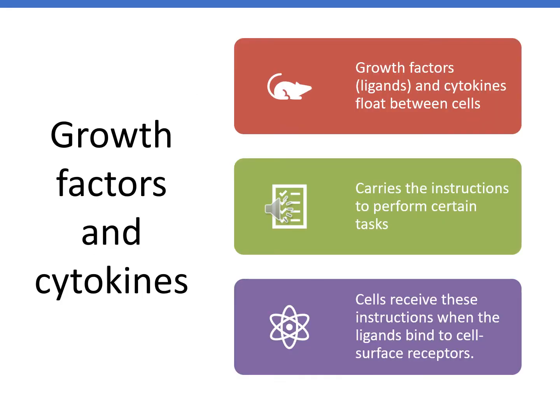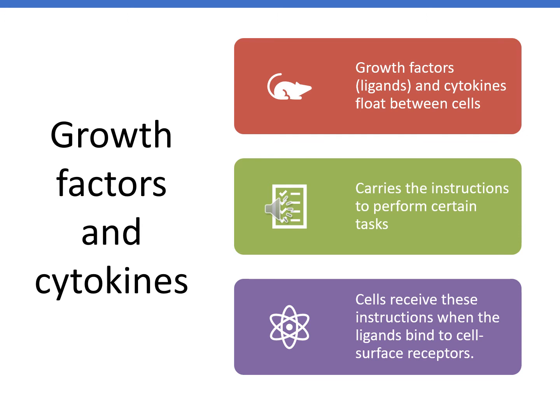Things that are growth factors and our cytokines, they're called ligands, but you again don't need to know all the biochemical components of this. So just know them as growth factors. And these cytokines float between our cells, and what they do is carry information around the body.